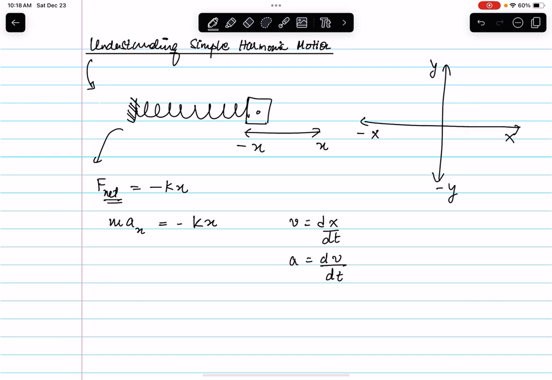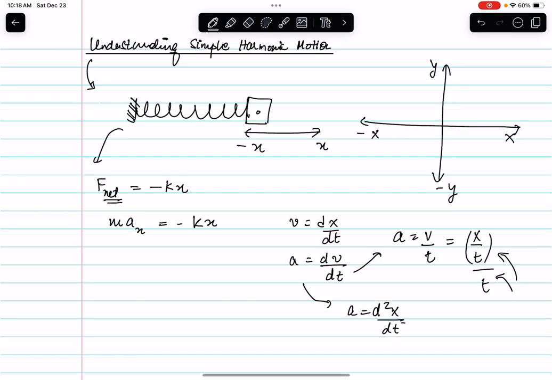So it's related to finding the instantaneous gradients of a function, right? Now, if you look at the relationship, you can basically say that the acceleration is velocity by time and the velocity is displacement by time. So you can bring them up together like this, right? The point I'm getting to here is that you can say that the acceleration is d squared x by dt squared.